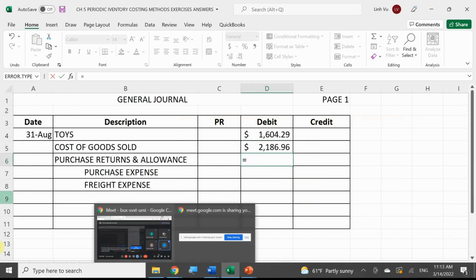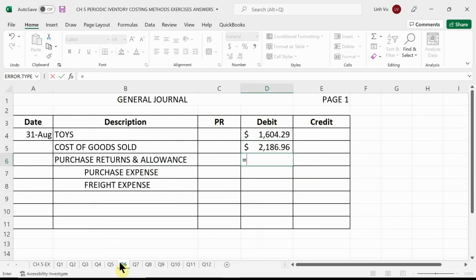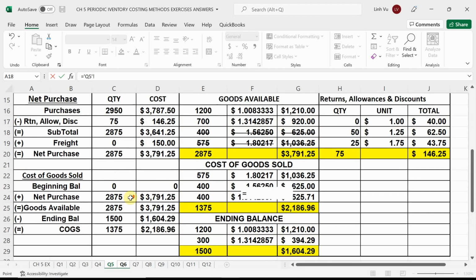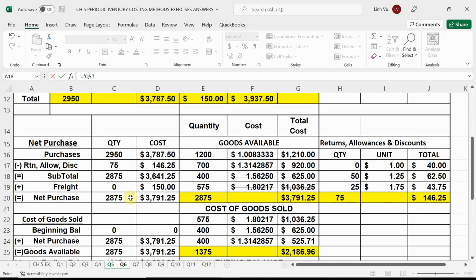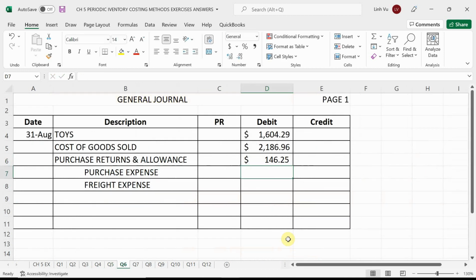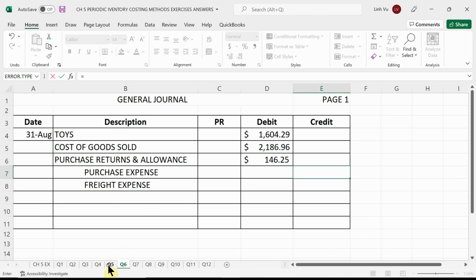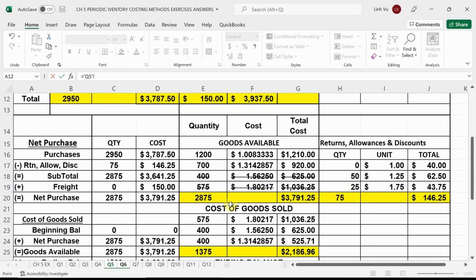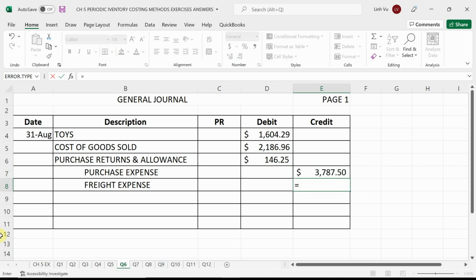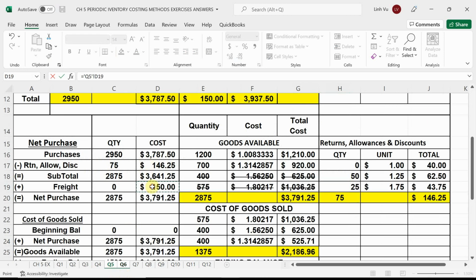Good. What was the total value of your purchase returns and allowances? 146.25. What was the total value of your original purchases? And you had $150 worth of freight.